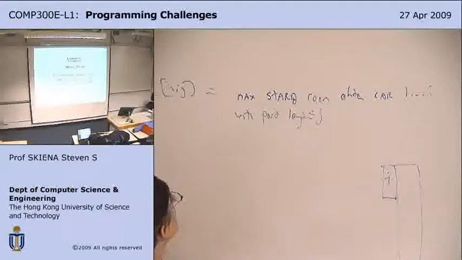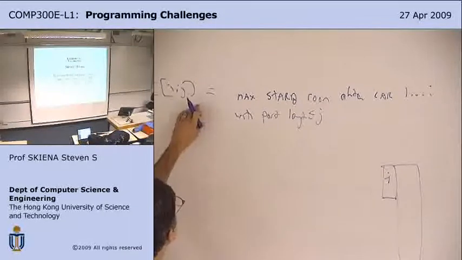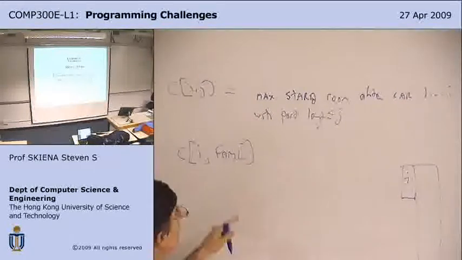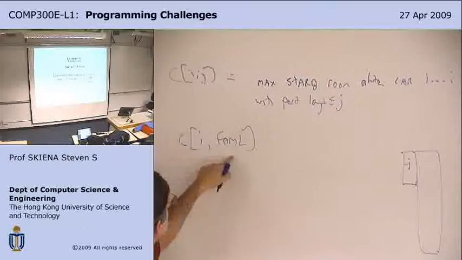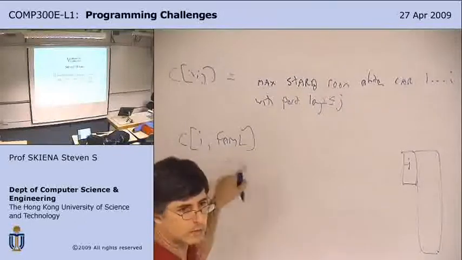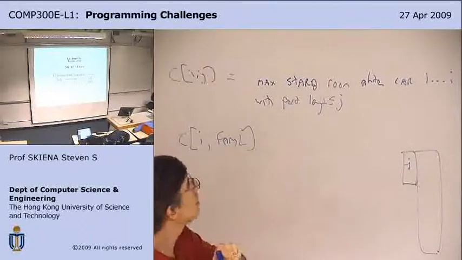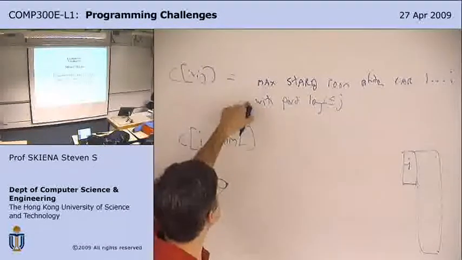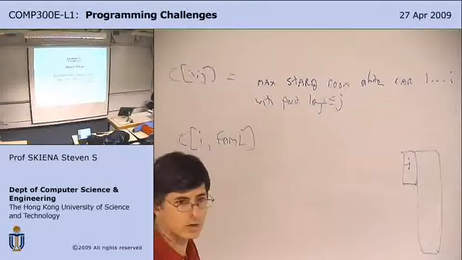I guess the ultimate answer is, so long as this is positive, you want to know C sub i, here's the ferry length, right? You want to know the largest i such that this thing is going to be positive. Is that right? Okay. And so I kind of agree that if you could compute this thing, that would give you the answer.